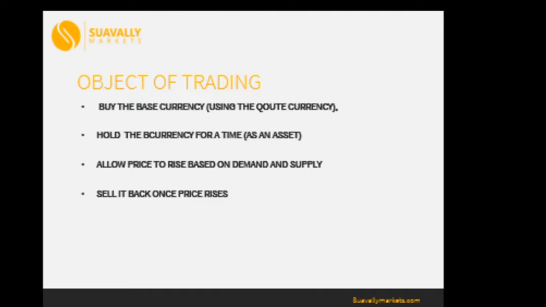However, it's important to note that you can also buy the quote currency using the base currency. That's a reverse of this example, and of course, we will explain this in more detail. Just suffice to understand that the object of trading is to find an opportunity to buy or, consequently, to sell. We'll explain the difference between these types of orders, whilst waiting for the price to change.